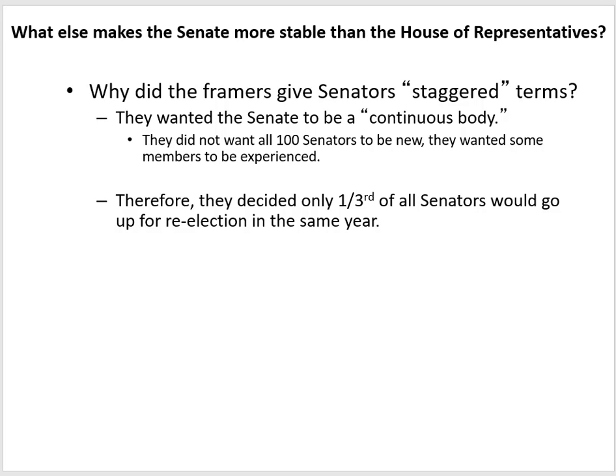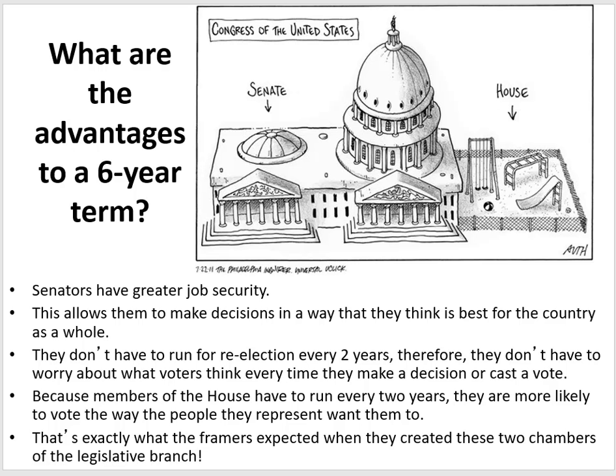With the 6-year terms, senators have a little more time to dig in, get to know the work and the people, and ultimately try to do good in their positions to represent us. So, just to repeat, only a third of the senators are up for re-election during the same year.